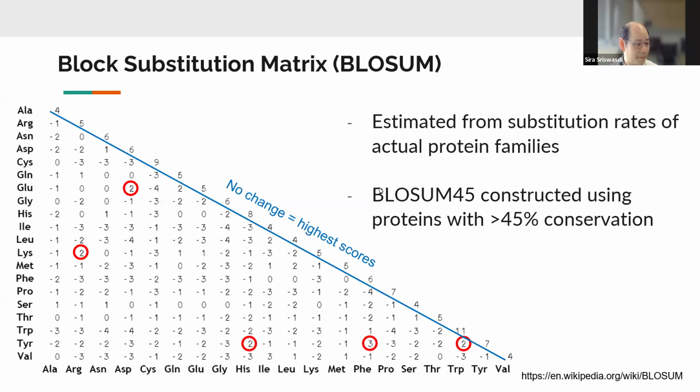BLOSUM 60 would be constructed using more conserved proteins, more than 60% conservation. BLOSUM 45 would be less conserved, more than 45% conservation. So different levels of conservation give you different implications in terms of evolution. So this is one way to calculate the score for the substitution, or the matches or mismatches, between amino acids.